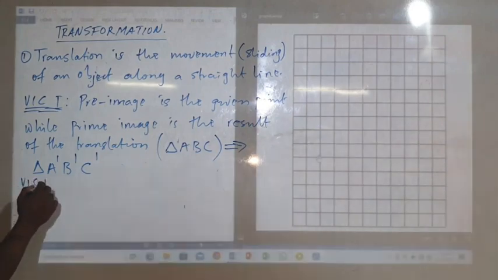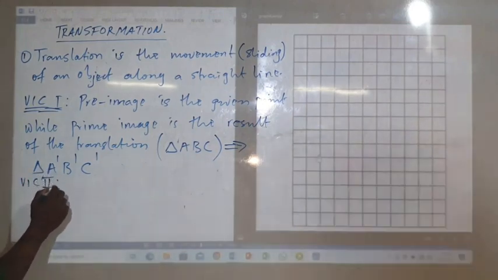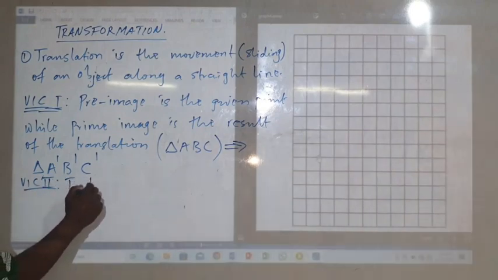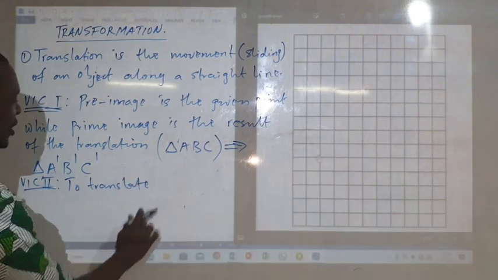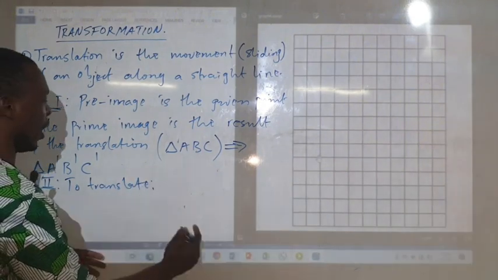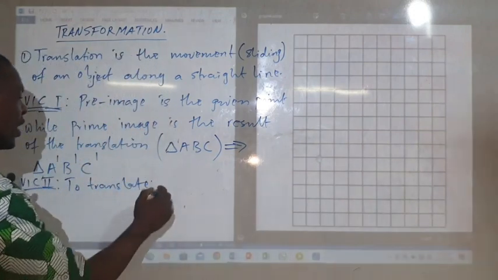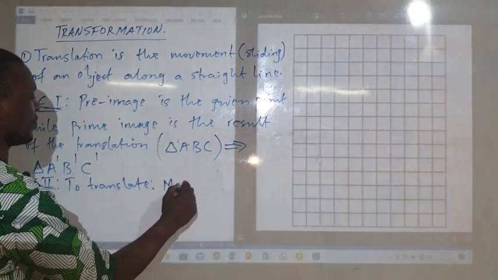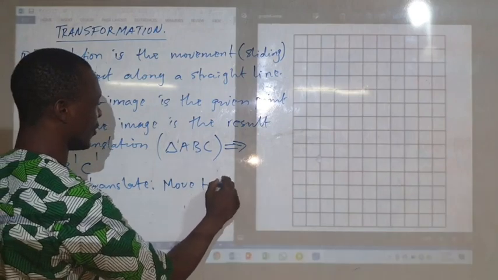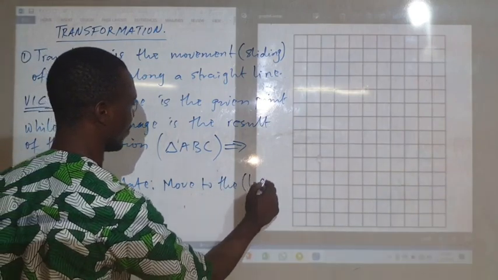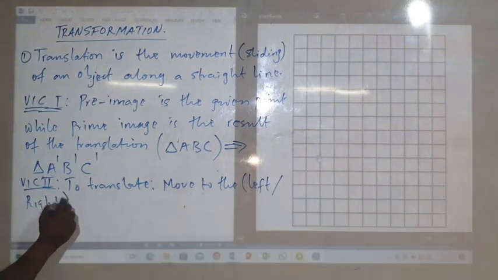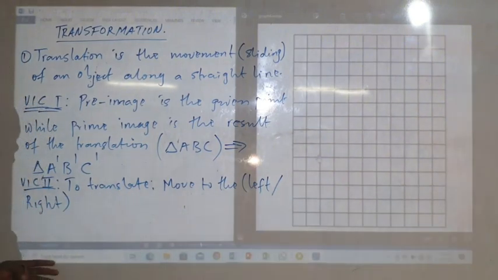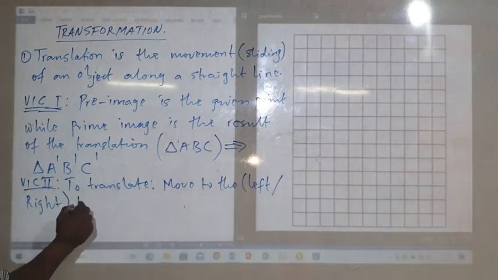Then we have VIC2. VIC2 will be the rule to follow. If you want to translate, it's either you move to the left or to the right. If you are moving to the left or right on the XY plane, that means you are working on the X-axis.